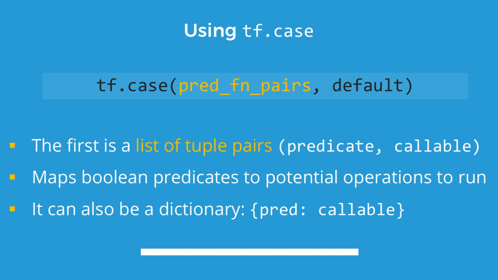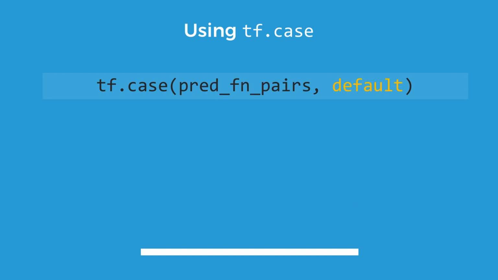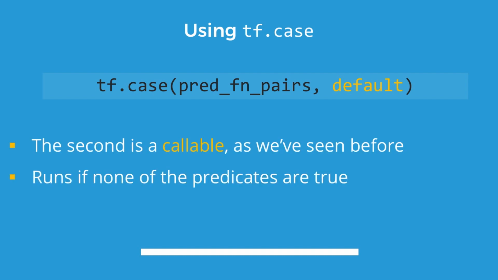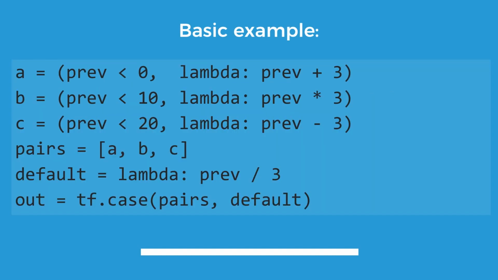I don't know if there's a settled preference on this yet, but you can use either a pair, like a tuple, of predicate and callable, or you can use a dictionary where the key is the callable operation and the value is the true or false Boolean, or the other way around. It also takes in a default operation, and this is just a callable, and it's what happens if none of the other predicates are true. It's just a default value.